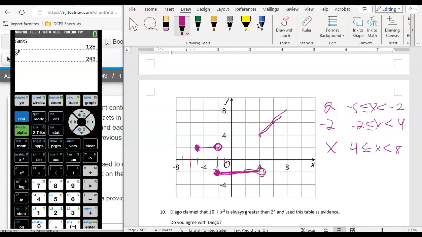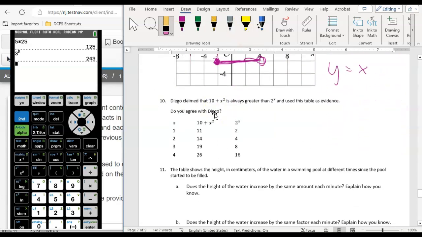So our line is going to look like this. And then it is greater than or equal to, so this is closed, and this is open. Okay, this y equals x means slope of 1, y-intercept of 0, so the rest of the line would theoretically be there, but we're only looking at it between 4 and 8.